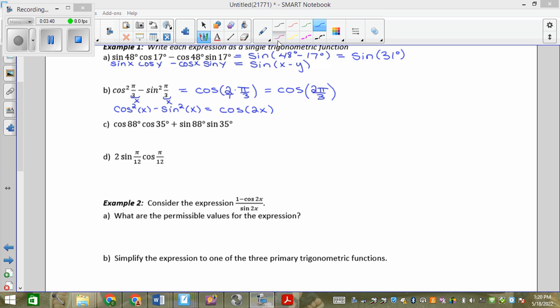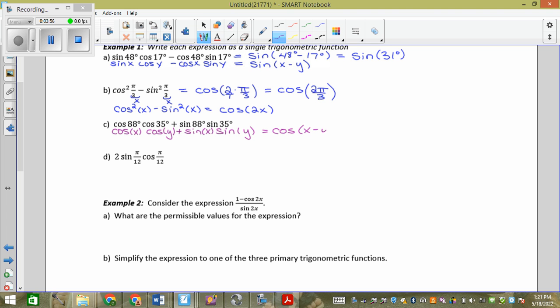All right. This one would match with cos x cos y plus sine x sine y, because it matches 88 with the x, and 35 with the y, which is actually the same as cos x minus y. So we're going to get cos, our x is 88, minus our y, which is 35. And what do we get?